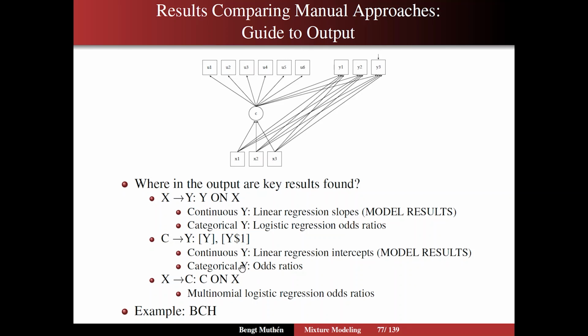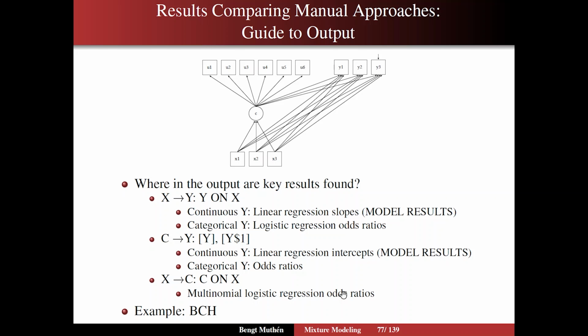With categorical Y, we're more interested in odds ratios in addition to the thresholds that are given in the regular model results section. So we have a special section on odds ratios for that. Finally then, X influencing C, so this part of the model, that's a C on X regression, which is a multinomial logistic regression. And in addition to the regular model results logits, we also give odds ratios for that.